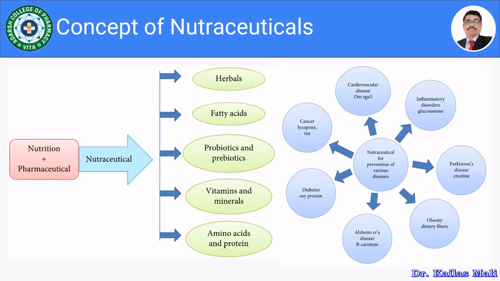Let us see certain applications of nutraceuticals in the prevention of various diseases. Just look at the image. I have listed here around 7 chronic diseases. The very first one is cardiovascular disease.